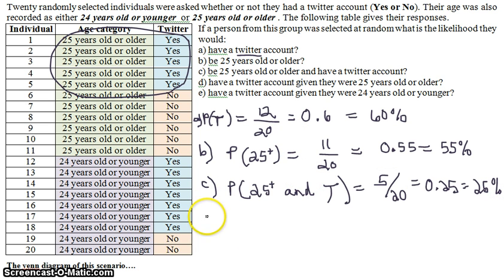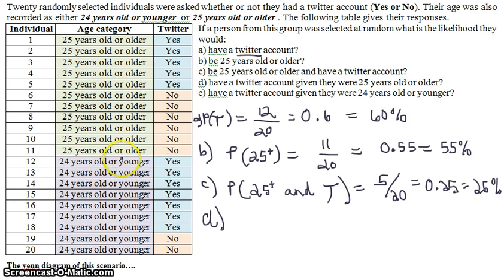All right, so I can keep going, but now what if I want to do a conditional statement? Let's suppose instead of doing an intersection, I want to find the probability someone has a Twitter account given they were 25 years old or older. So I'm going to minimize my sample space to only the people who are 25 years old or older, because this is my given.